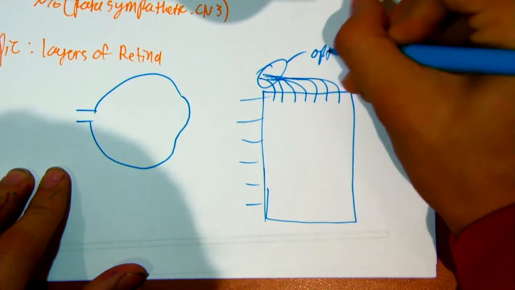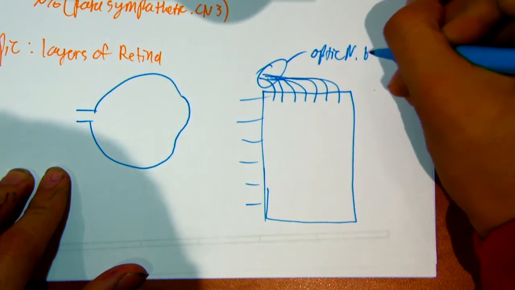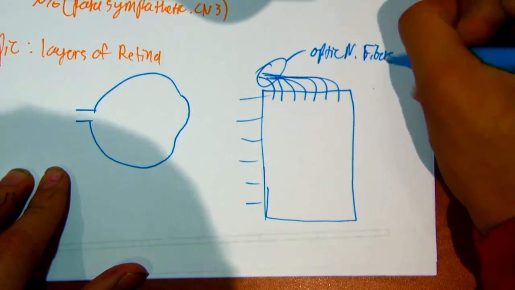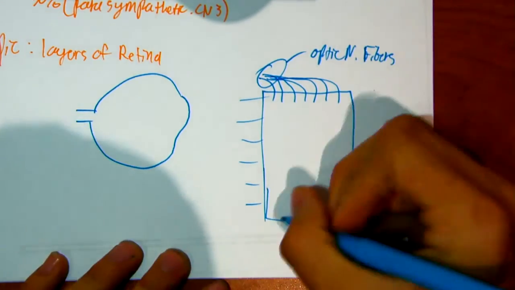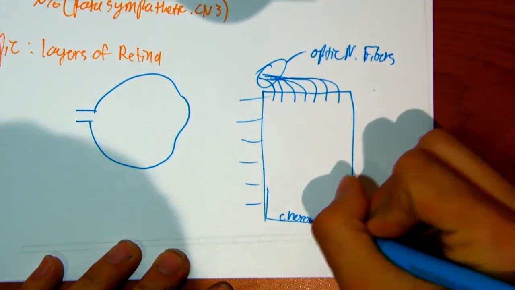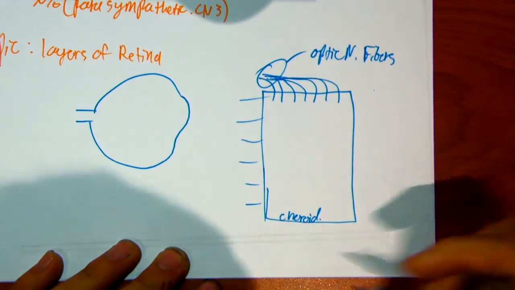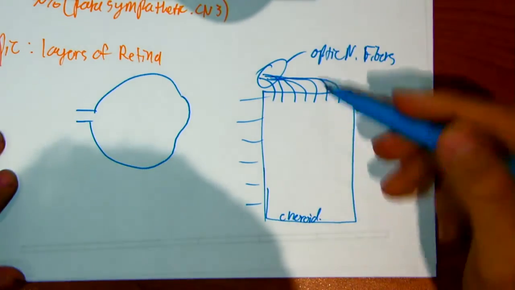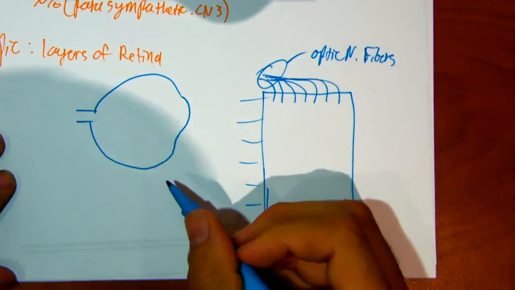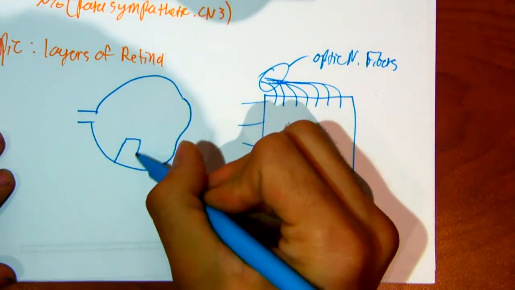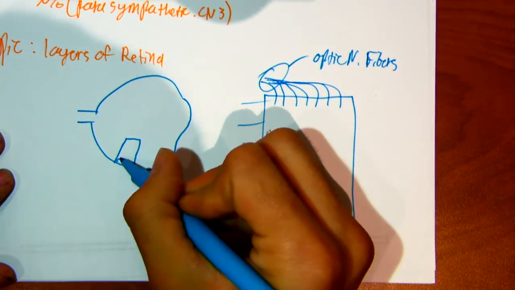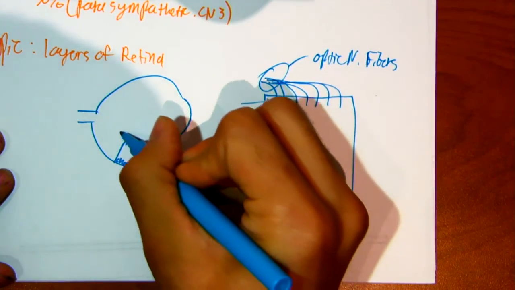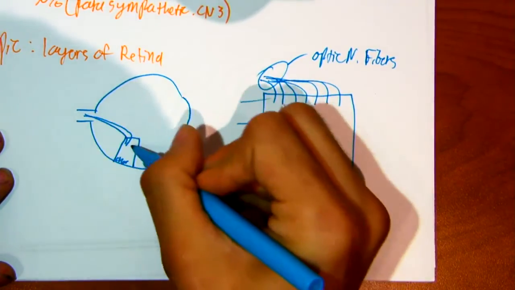They're optic nerve fibers. So in this picture, you're going to have the choroid. This is the basal area, meaning it's at the base. This is going to be situated in the eye like this, this being your choroid, and this being the optic nerve fibers.